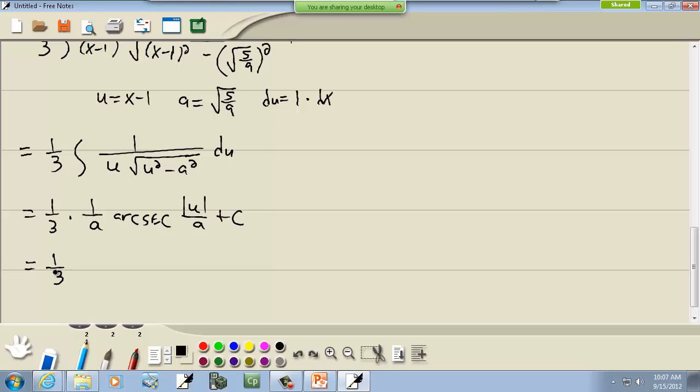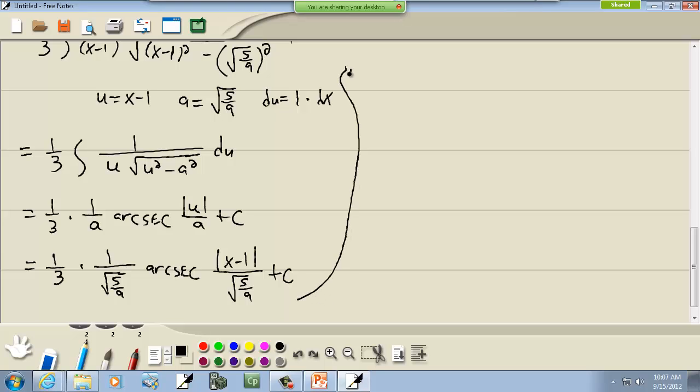Okay, so then we'll plug in our values. a, we said, was the square root of 5 over 9. Then we've got arcsecant, absolute value of u, which is x minus 1, over the square root of 5 over 9, plus c.